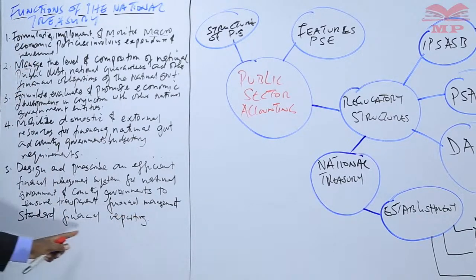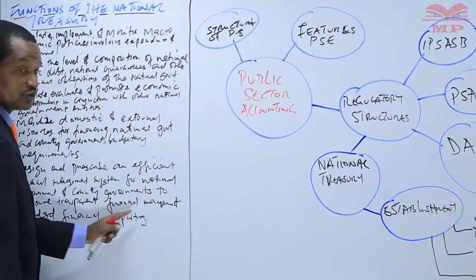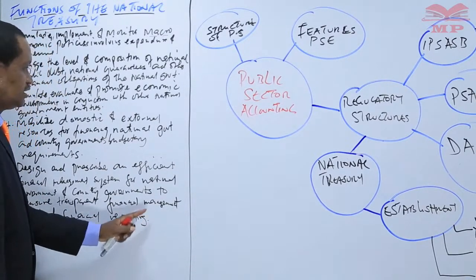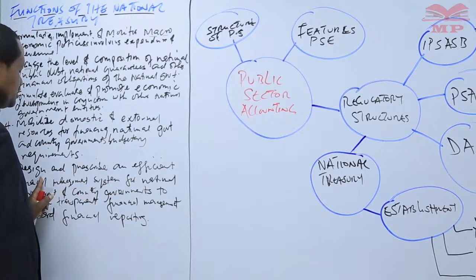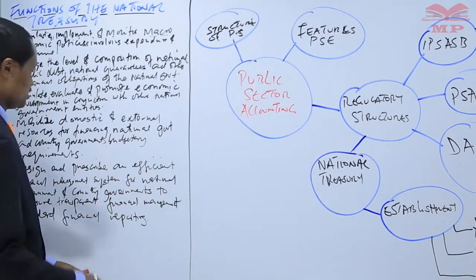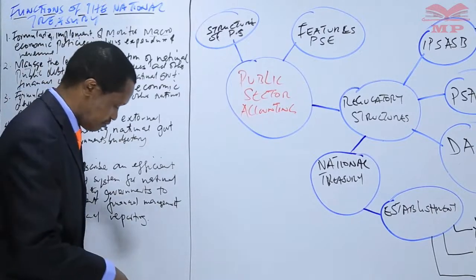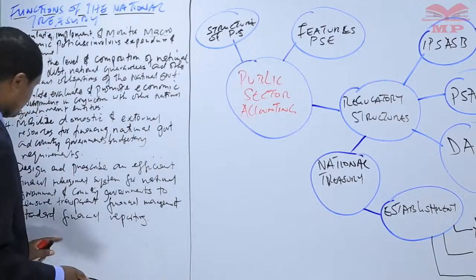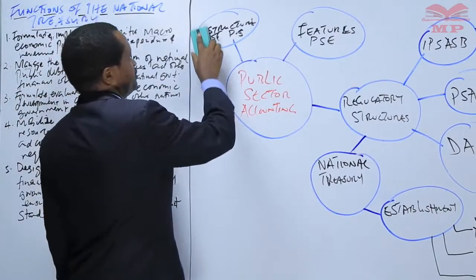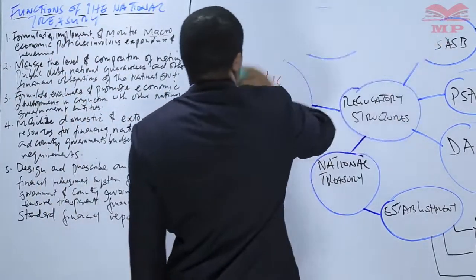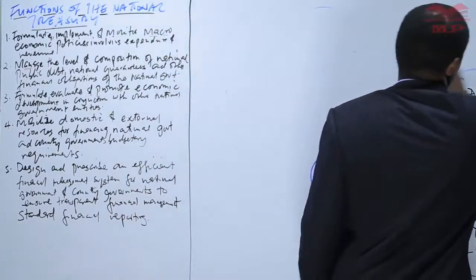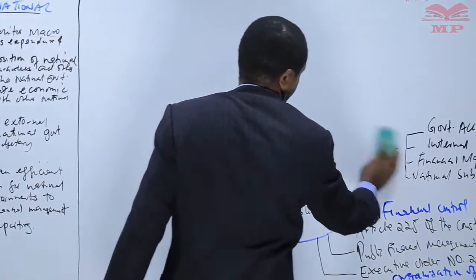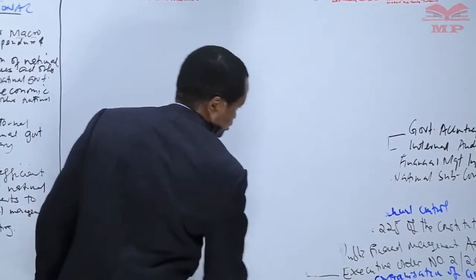There should be standard financial reporting in the national government and the county governments, and that can only happen if the National Treasury designs and prescribes an efficient financial management system. So these are 5 objectives, 5 functions. Let's give more functions of the National Treasury.